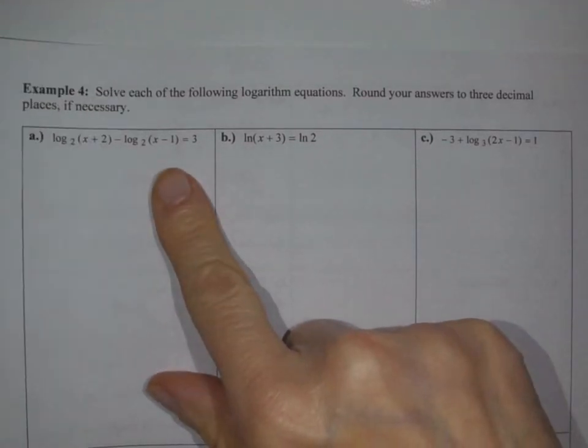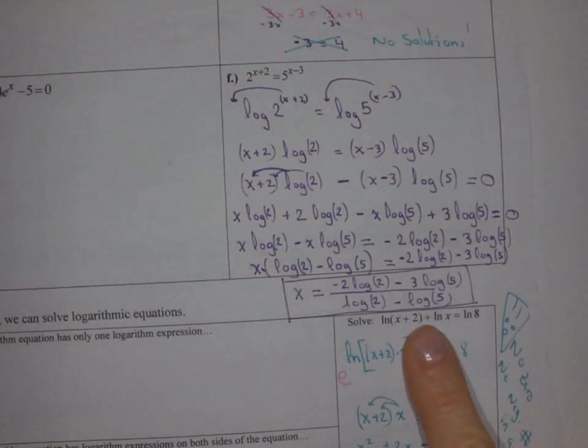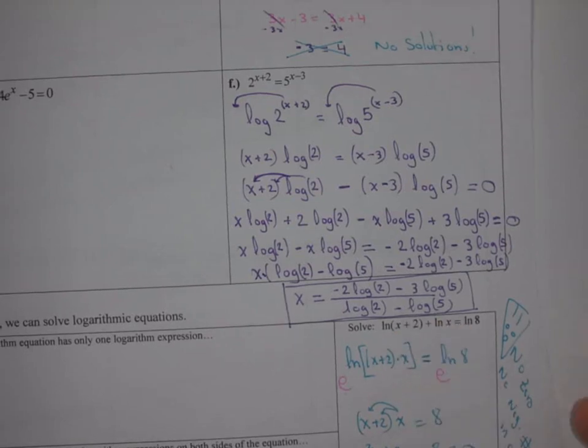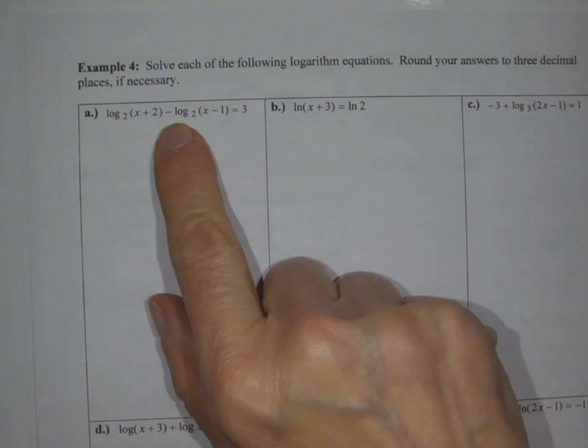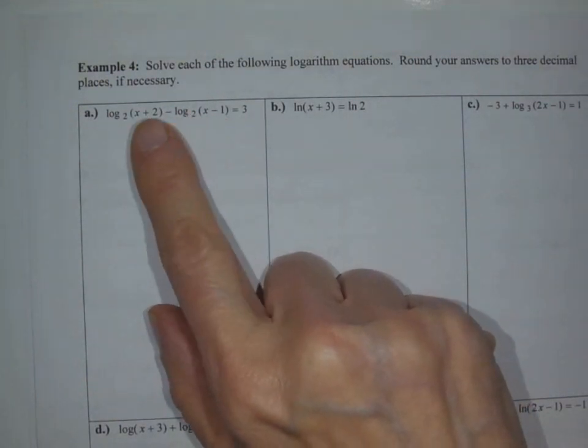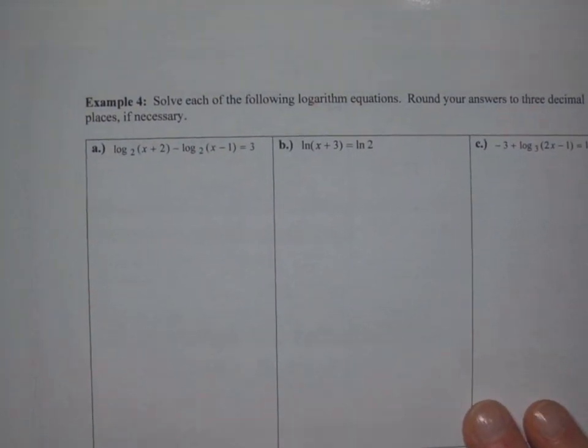Alright, so this one is similar to the one we just did, right? Because here we had 2 logs added, so we took their insides and we multiplied their insides. Here we have 2 logs, we subtract, so we're going to take their inside and we're going to divide their inside, okay?